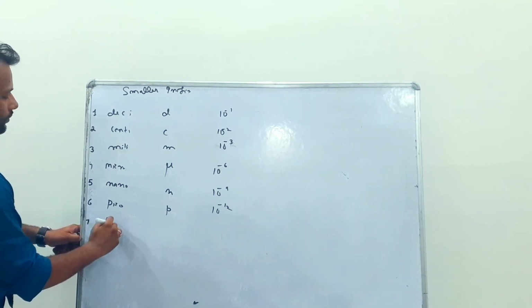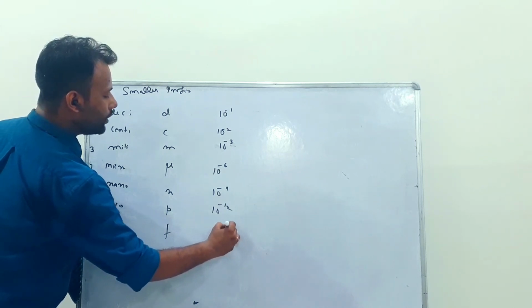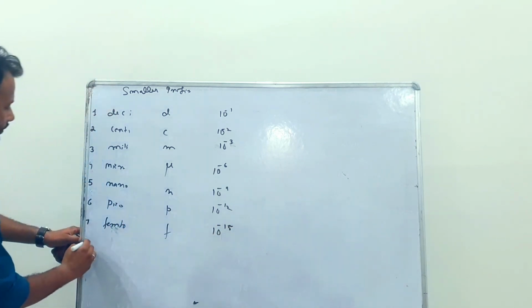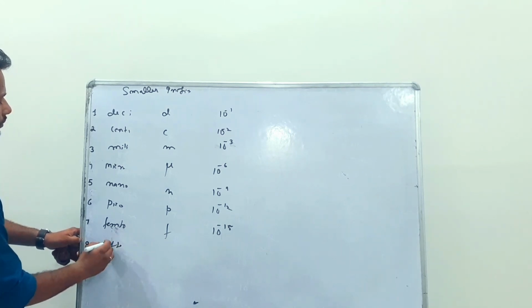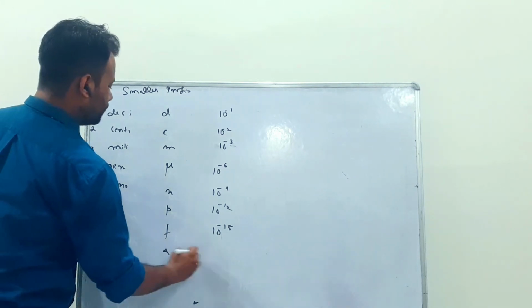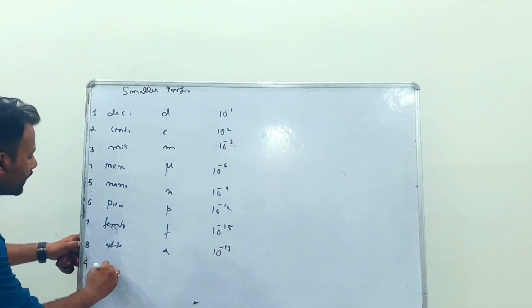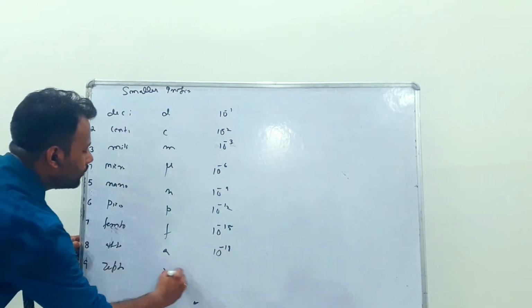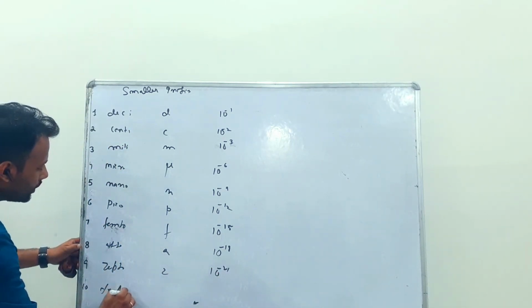Femto, f, 10 to the power minus 15. Atto, minus 18. Zepto, minus 21. And the last one is yocto, minus 24.